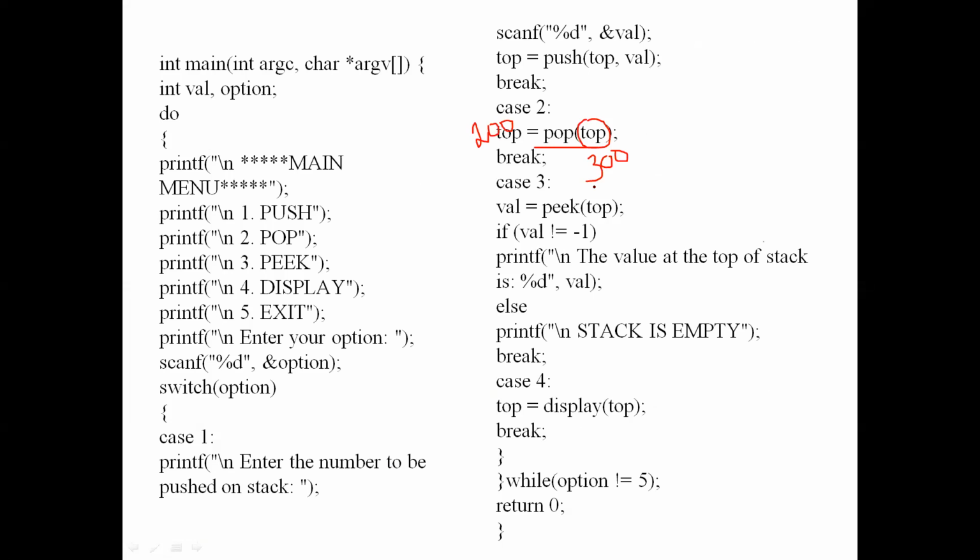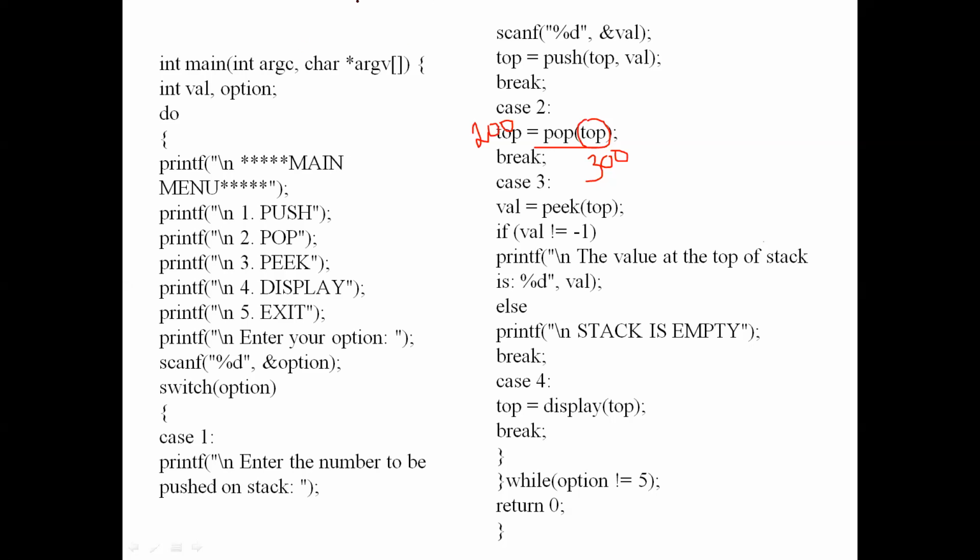So I just want to tell you why we are using this star in the program. Most of you will be familiar with this, I know, but few members are not aware of pointers.